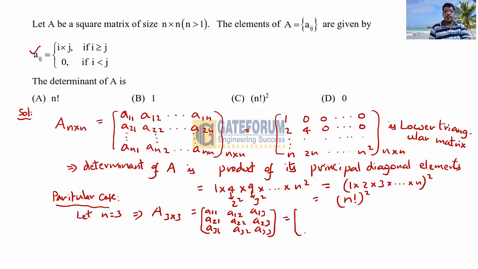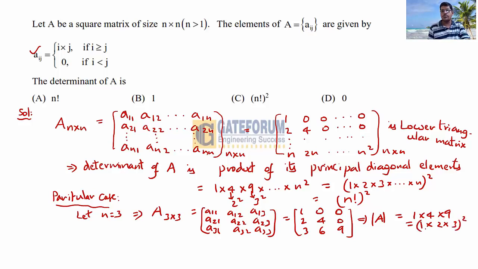According to the given condition, this is 1 into 1, which is 1, 0, 0; 2 into 1, which is 2, 2 into 2, which is 4, 0; 3 into 1, which is 3, 3 into 2, which is 6, 3 into 3, which is 9. So the determinant of A is the product of the diagonal elements, because it is a lower triangular matrix: 1 into 4 into 9. This is the square of 1 into 2 into 3. Because I took a 3 by 3 matrix, we got the product of the first 3 natural numbers, squared. So it is 3 factorial squared. So the answer is n factorial whole square. Accordingly, the option is C.